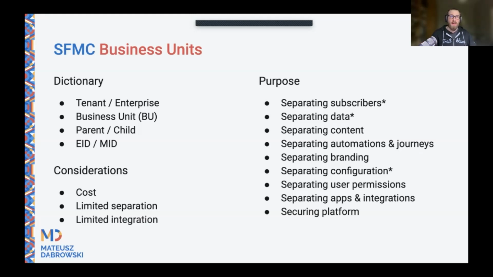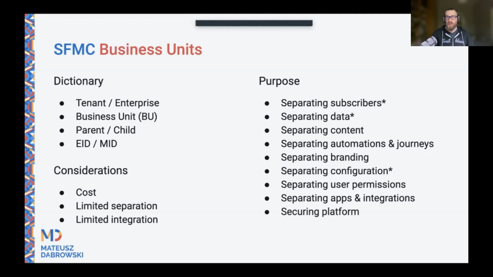The final consideration is that this is limited integration. We already mentioned that you cannot fully separate the data between the business units, but you also cannot fully integrate the data. And this goes back to what Lakshmi was asking. While you can use shared data extensions, shared content, shared publication lists, you cannot have shared automations, you cannot have shared journeys.